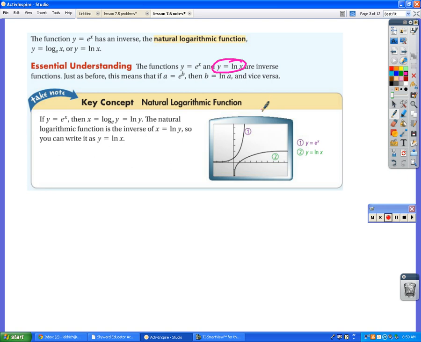Interesting fact about natural log of x, it is increasing forever, but it's increasing very, very slowly. If you made the scale on this equal to 1 inch this way and 1 inch that way, if you wanted this graph to go up 1 foot above the x-axis, you would have to go 3.5 miles to the right.